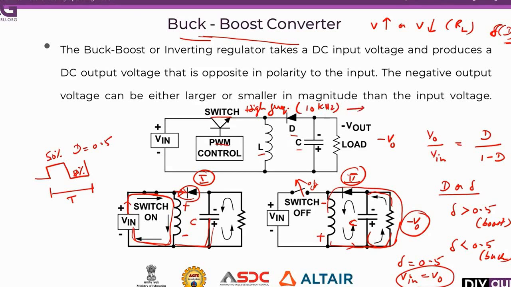The frequency can also be increased. If you know the frequency, you can also calculate the time period by F is equal to 1 divided by T. So how long this switch is turned on can also be calculated with this formula.